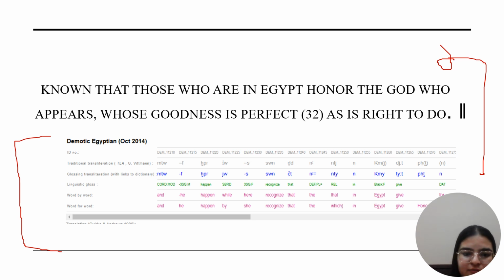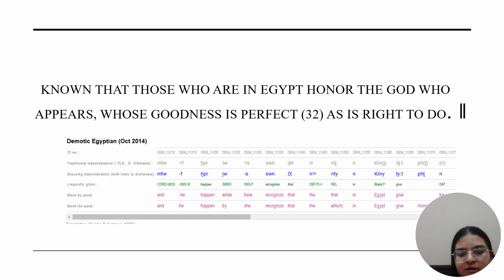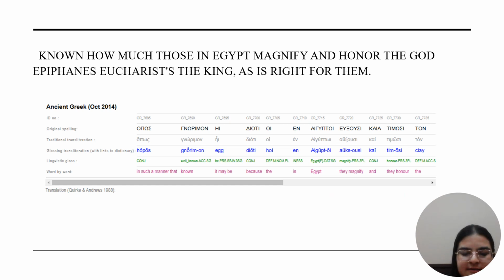So let's move to the next slide now, as it is just talking about the perfectness of how our God appears, and they should honor that, honor the God. So let's move to the next slide. This is the bottom section that talks about the new rules, new laws.